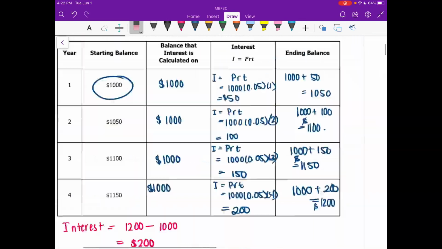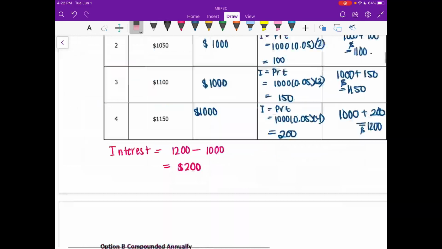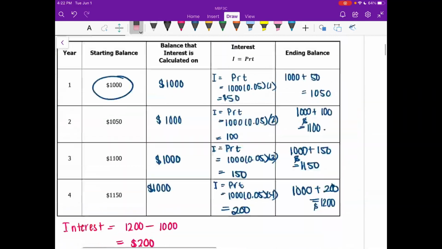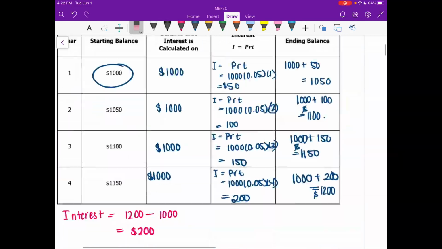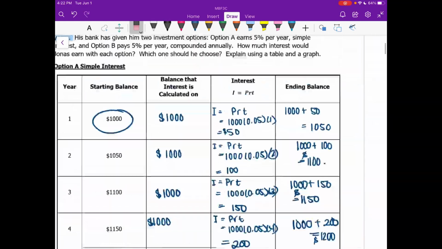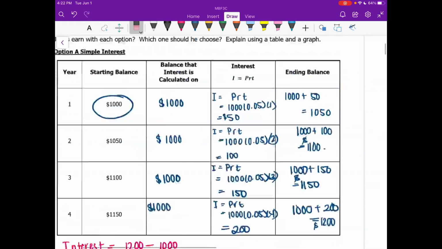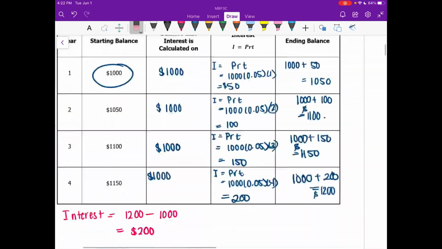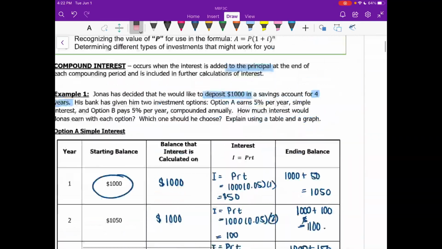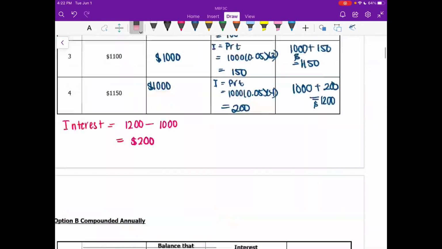So therefore, the final amount after 5 years is $1,188.78. And that's going to be your answer.